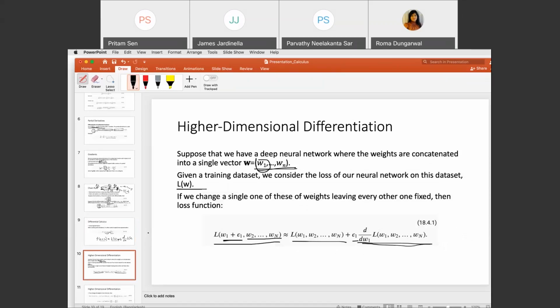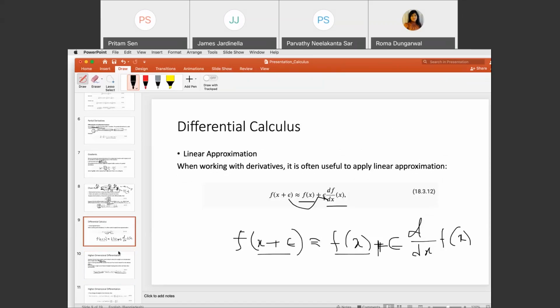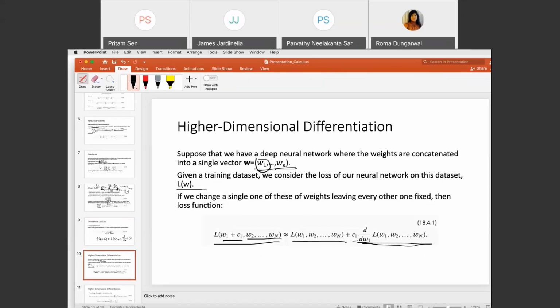So this rule can be applied in the case of higher dimensional functions. For polynomial functions, we can apply the rule to see the change in the loss function for some change in one parameter. We can use the previous loss function and multiply the change with the derivative of the previous loss function.